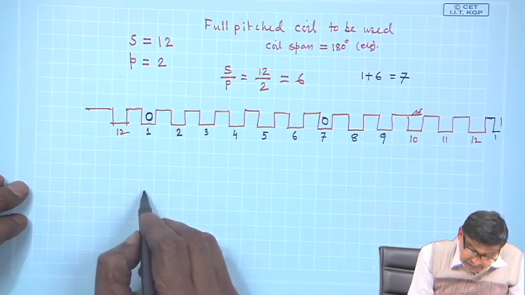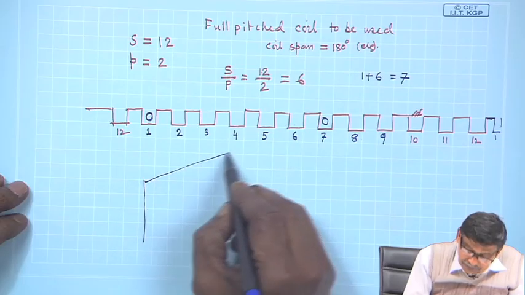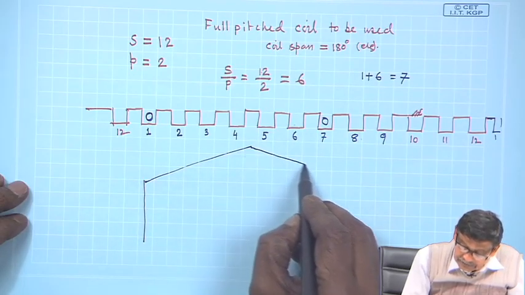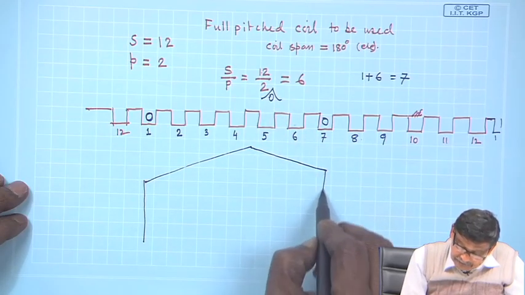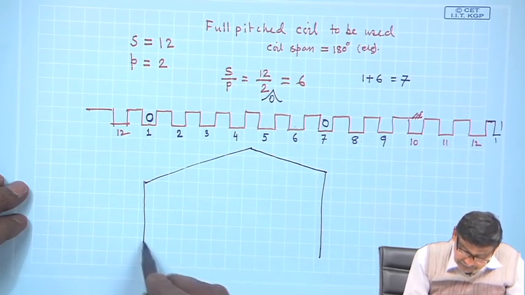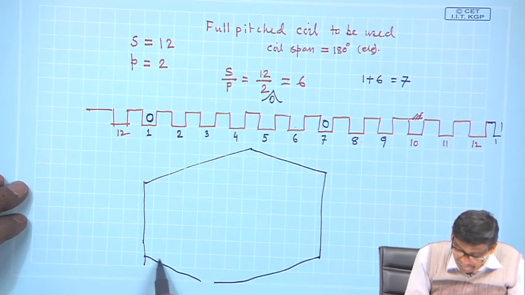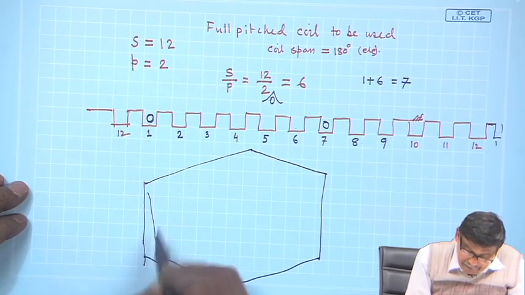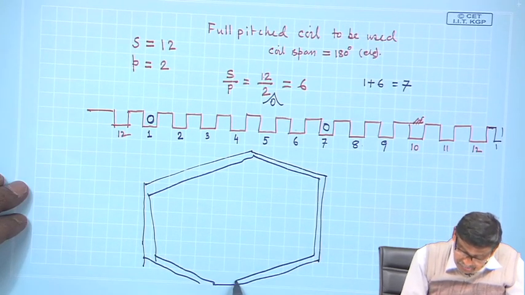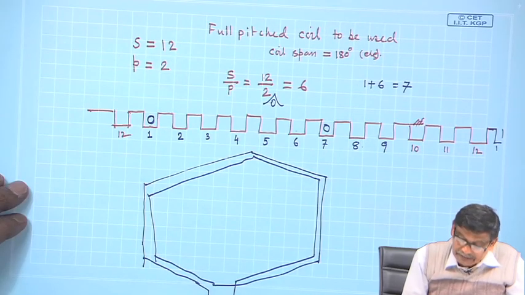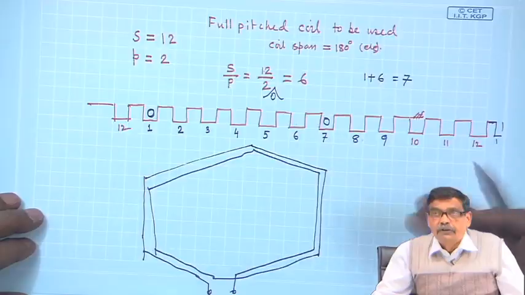That is, this full pitched coil will look like this: 1, it goes like this, and if you look from the top it comes out, of course, it is a multi-turn coil. Say 2 turns I am showing. This is the thing. Anyway, I stop now, we will continue with this.